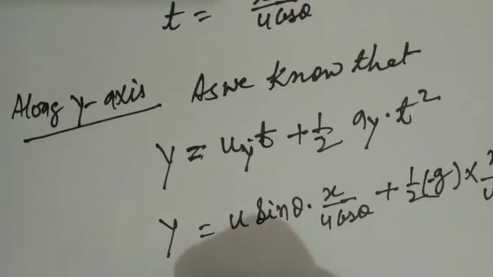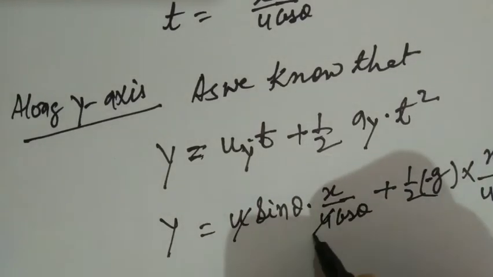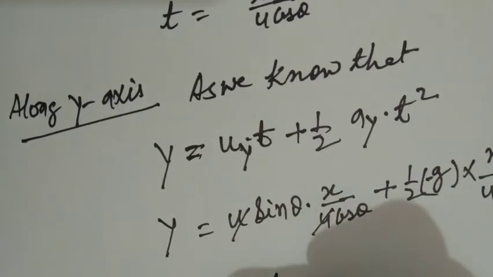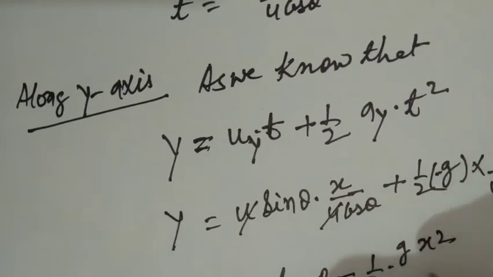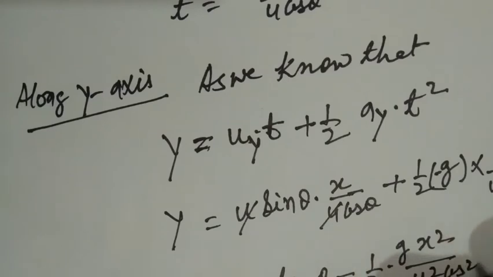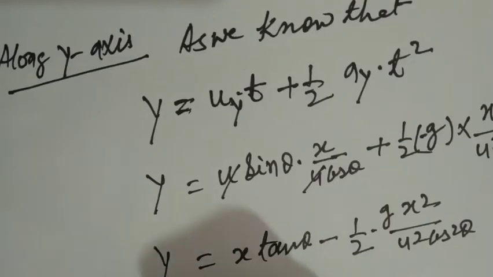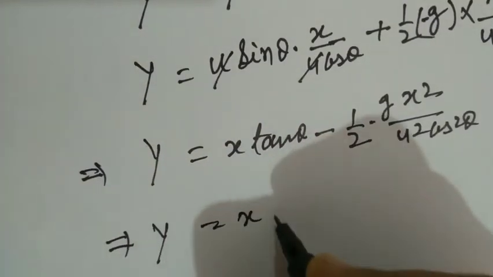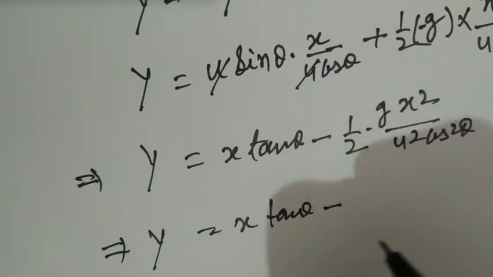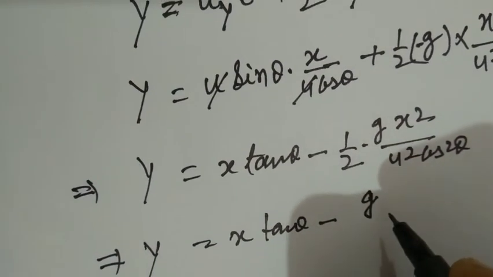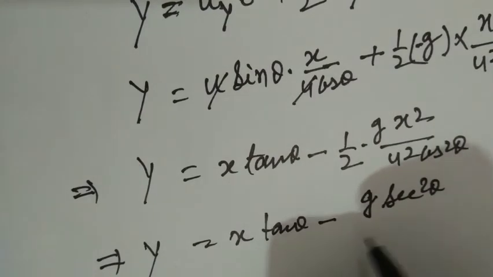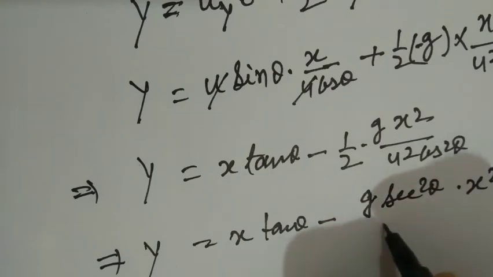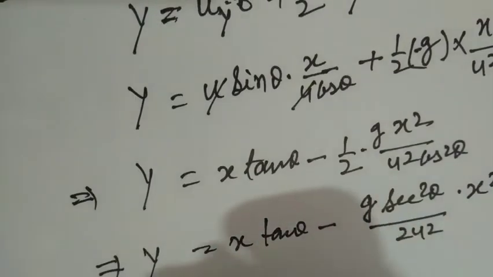After solving you can write, y is equal to x tan theta minus half g x square by u square cos square theta. Again you can convert it. So y is equal to x tan theta minus g sec square theta x square by 2u square, since 1 by cos square theta is sec square.